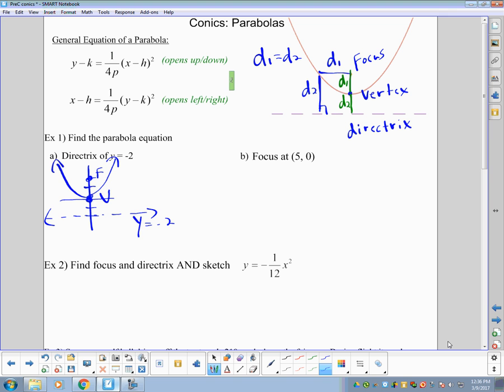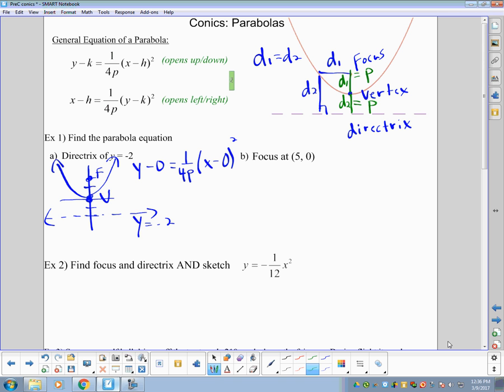So here I have y minus 0 equals 1 over 4p. I'll tell you how to find p in just a minute. x minus 0 squared, because I know it opens upward. Now, p is the distance from either the focus to the vertex or from the vertex to the directrix.